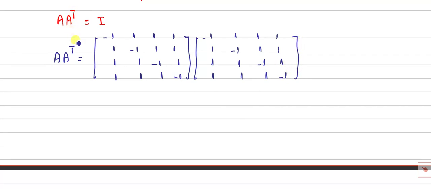Each one has a factor 1 over 2, so multiplying 1 over 2 and 1 over 2, A and A transpose is equal to 1 over 4.